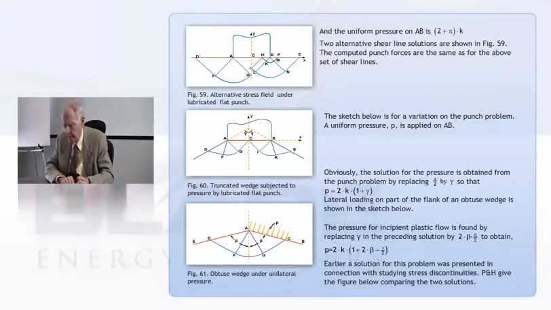Now, that's kind of funny because we had a solution before that looked pretty good. And it was for a wedge just loaded on one side, pretty much like this. And if you look at this answer, it doesn't quite agree with the earlier answer.